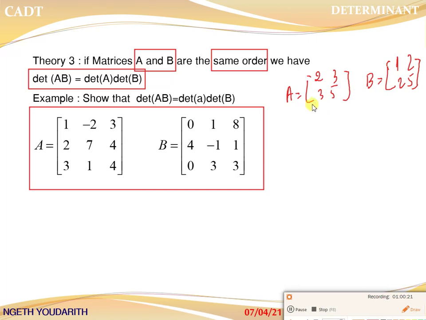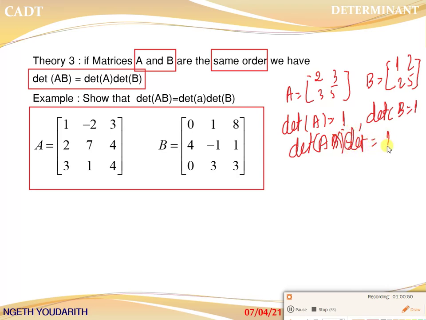So determinant A is equal to 1. Determinant B is 1. So determinant A multiplied with determinant B is 1.